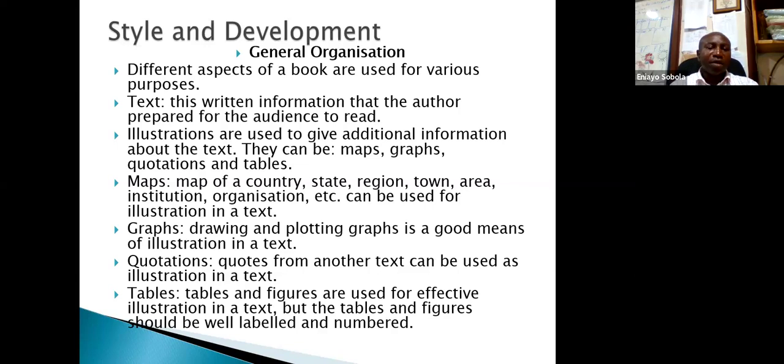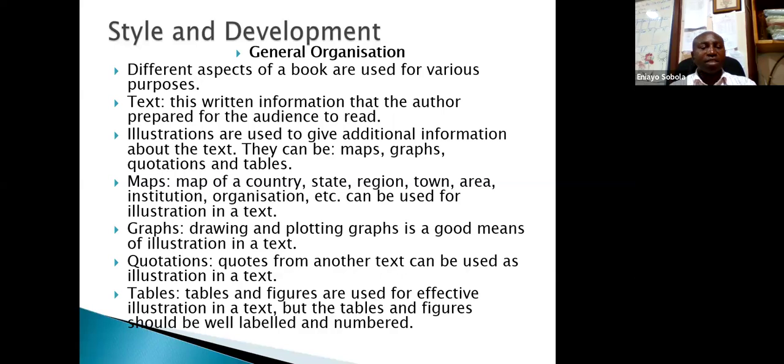So graph may be brought in and you present your graph, plot it. And apart from graph, we have charts, pie chart, bar chart, or any of them can be used for effective illustration in a book. And apart from various graphs that we can bring into the text, we can use quotation.